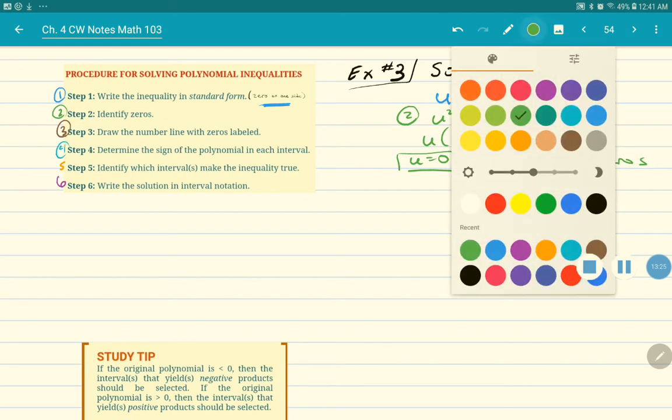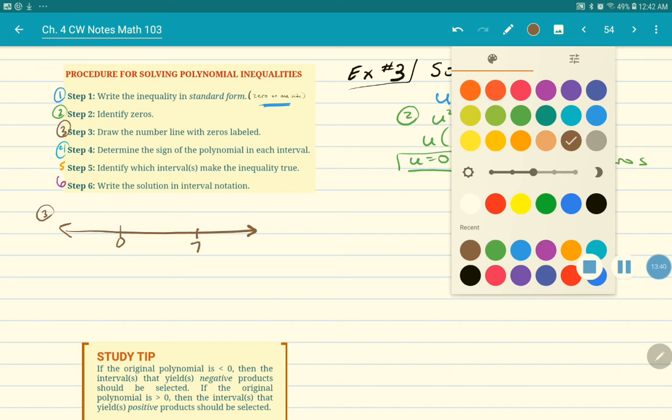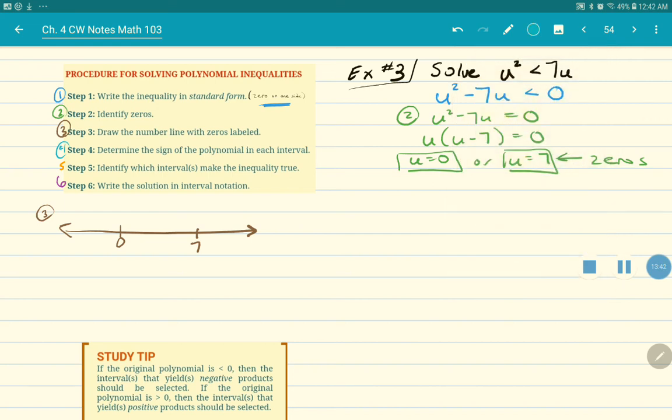And then I'm going to draw my number line with those zeros to make the intervals. So I have 0 and 7. So I have 3 intervals made by those 2 zeros. And to determine the sign, I'm going to use the factored form. Actually, I'm going to plug in test values in the intervals. So let's test a -1.